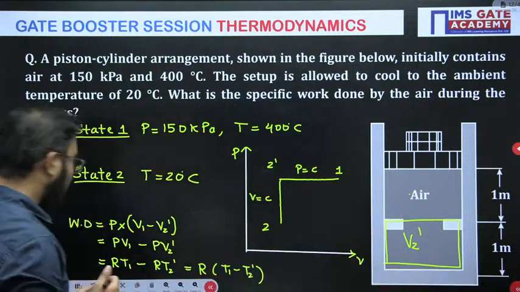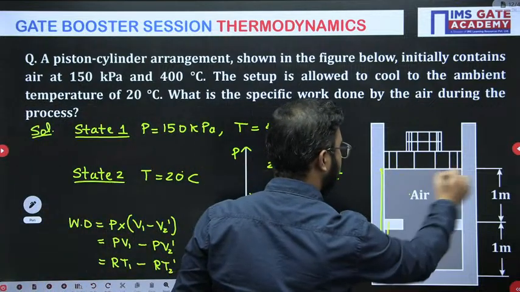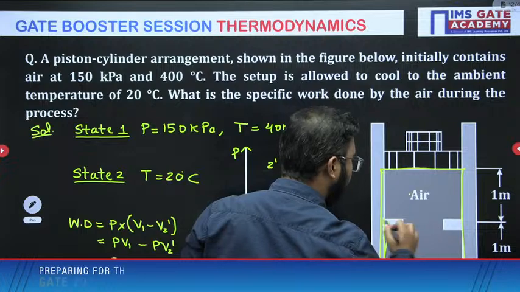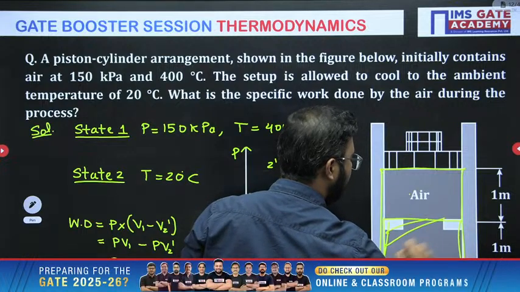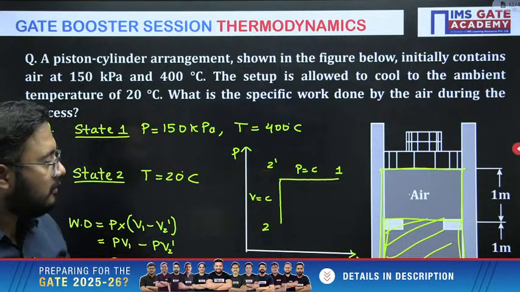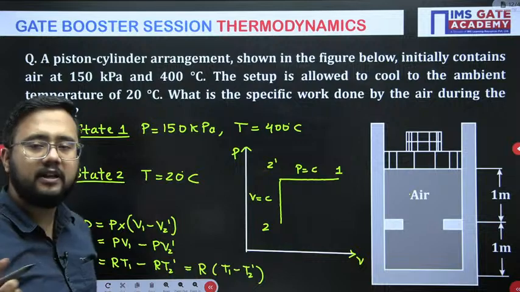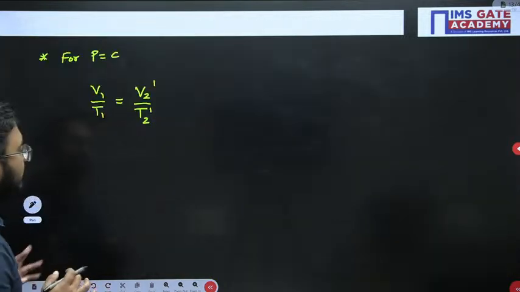It is very easy to understand, right? Let's suppose the total volume is 1. What will be the volume of this much part? This much part will have 0.5, that is half of 1. So V2 dash we will write as 0.5 and V1 as 1.